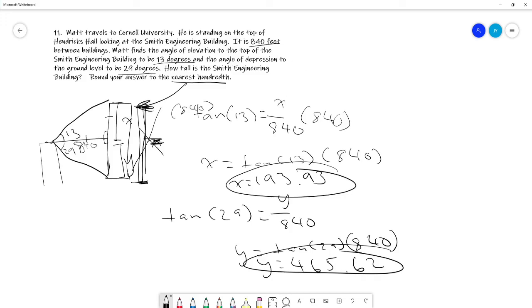So just putting that into our calculators: 193.93 plus 465.62. It's going to be 659.55. I'm rounding here. And then put feet as that's our unit of measurement. That's going to be our final answer.